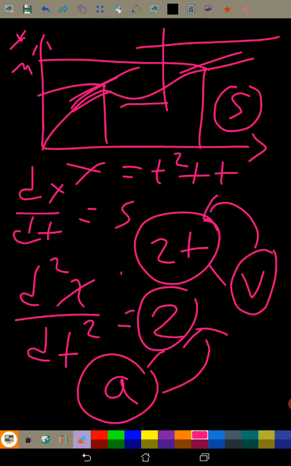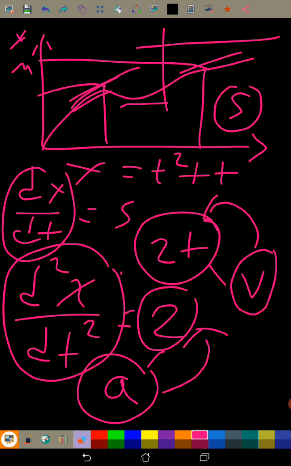So that's why we need a second derivative, because when you differentiate the first time, you get a value, for example speed. The speed is the rate of changing distance. So we differentiate the first time, and the second time we get the rate of change of the first thing that we obtained by differentiation.